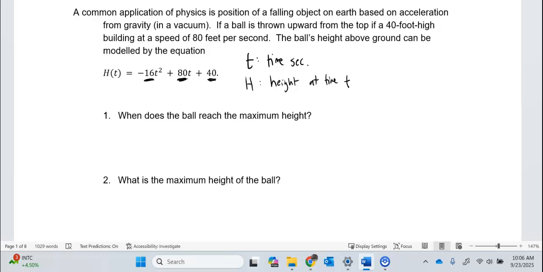Based on this, it's a quadratic, which we're going to learn is a parabola. So it does something like this. It starts at 40 feet, and because this is positive, it's thrown upward. And the height can be modeled by a quadratic function, which we're going to learn looks like this.